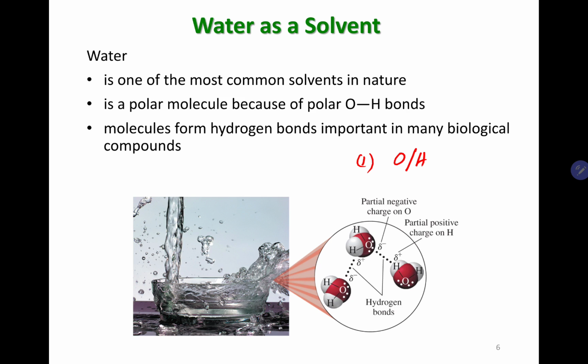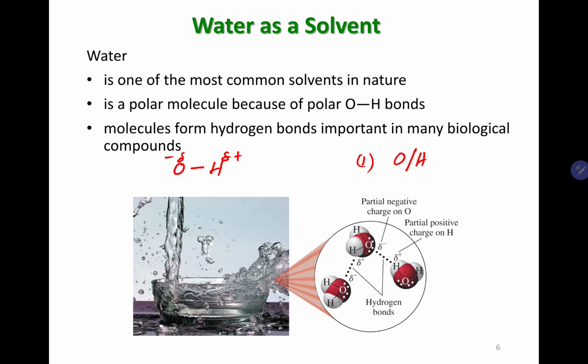So oxygen is directly bound to hydrogens, and the electronegativity difference between oxygen and hydrogen is very high. Therefore this OH bond is a polar bond. Oxygen will have a partially negative charge, and the hydrogen will have a partially positive charge.